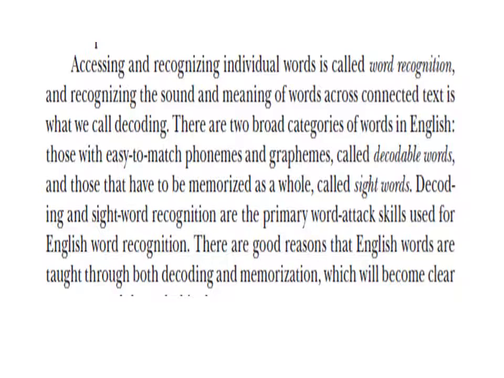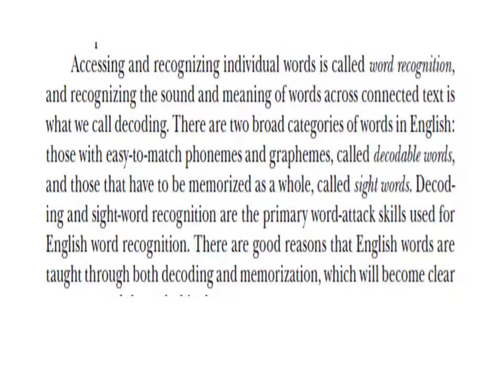There are two broad categories of words in English: those with easy to match phonemes and graphemes, in which it's very easy to match the letters with sounds. We don't have much difference between letters and sounds. These words are very easy to understand and they are called decodable words.